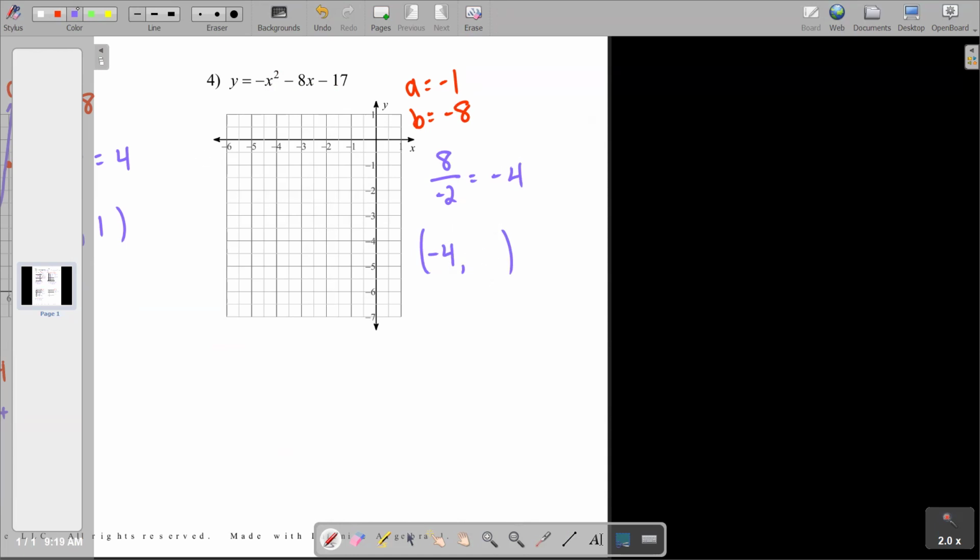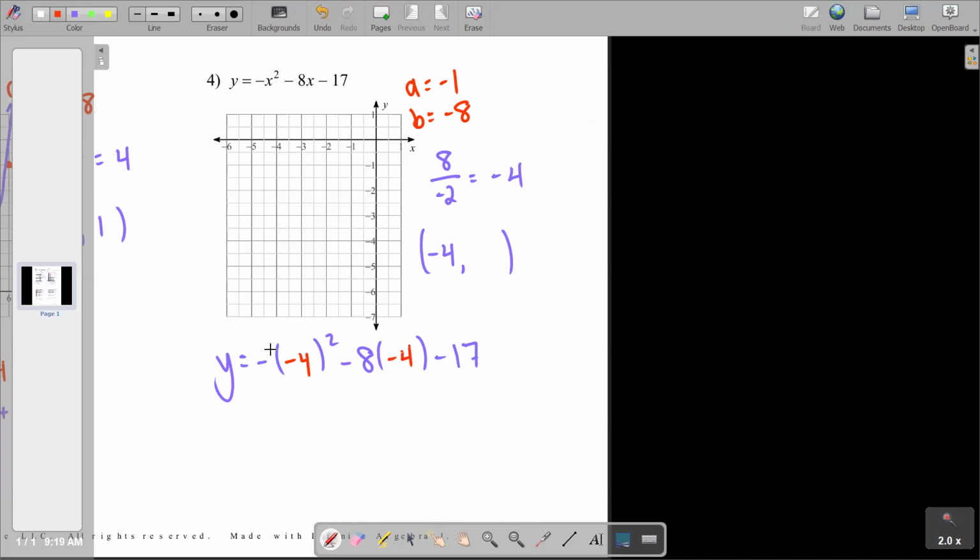So this time again, these are always a little bit harder. That negative in front of the x squared is a turkey. So we're going to write y equals negative or opposite of blank squared minus 8 times blank minus 17. And in place of those blanks, we're going to put the x, -4.